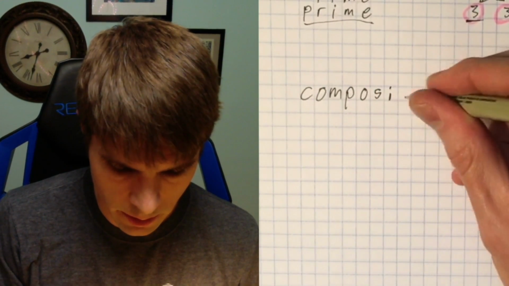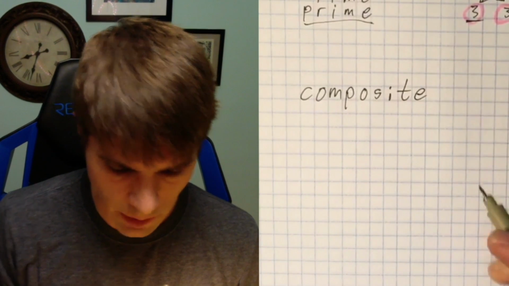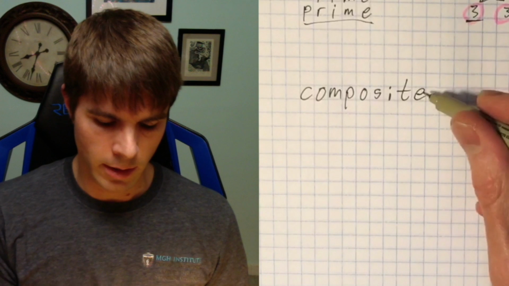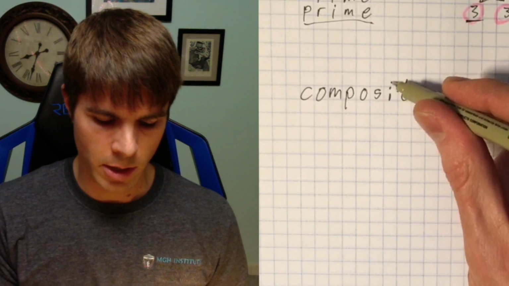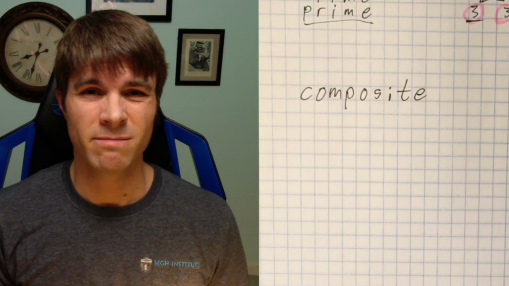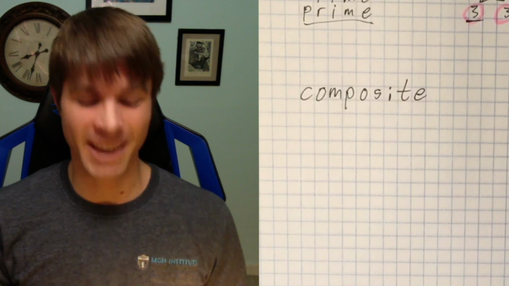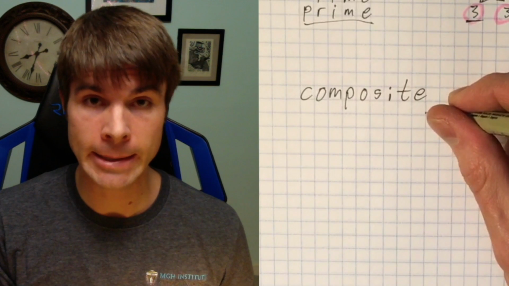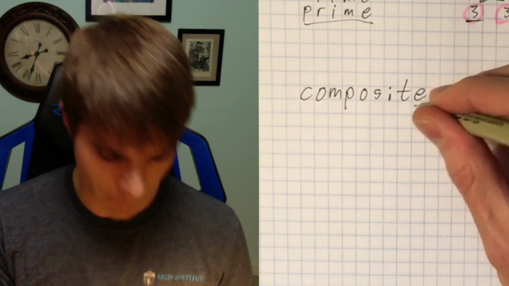Yes, that is how you spell composite. It looks like this. It should make the I say I, but it doesn't, which is why we're going to use backstacking to remember what it looks like, because it doesn't look exactly like it sounds.